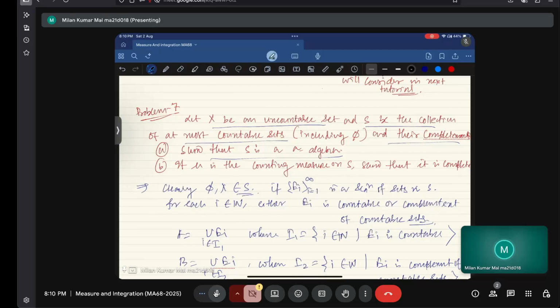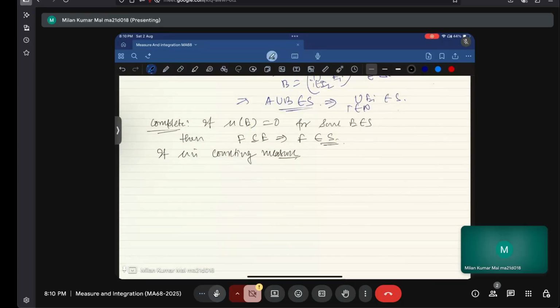So that means if it is the counting measure, then mu of E equal to 0 implies that E is actually the empty set, because otherwise the count will not be 0. So that implies that any subset of E is only possibly the empty set, and then this F is a subset of E, so F will be there. But I think there is some problem, so let me check this one, because this is very trivial, but it is not that trivial, I think.